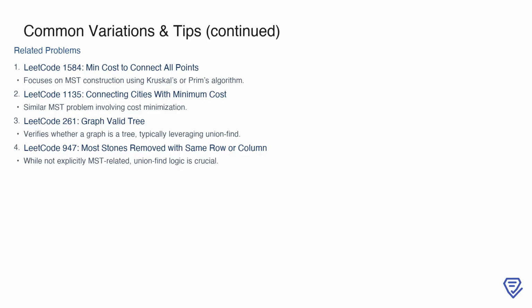Lastly, LeetCode 947, Most Stones Removed with Same Row or Column, isn't explicitly about MSTs but relies heavily on union find logic to solve the problem. Tackling these problems will not only strengthen your grasp of MST techniques but also improve your ability to apply union find to various scenarios.